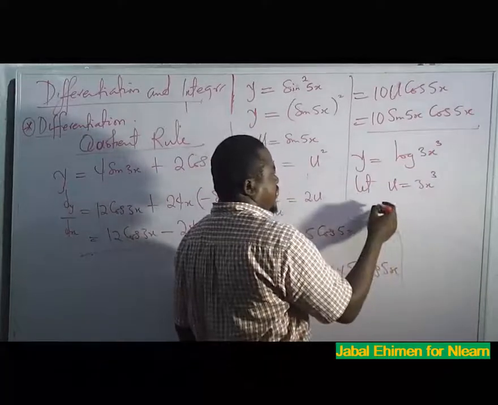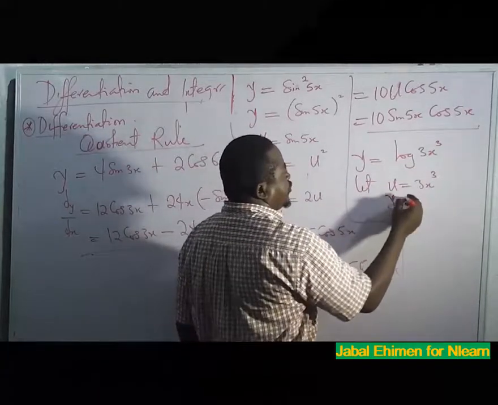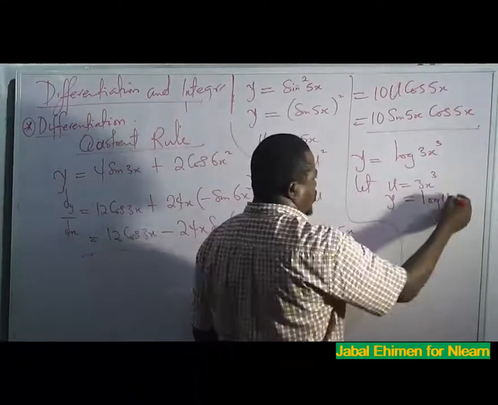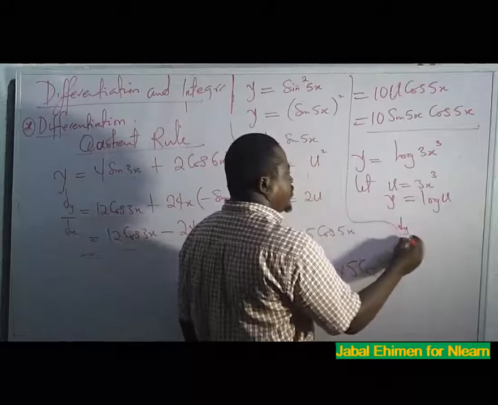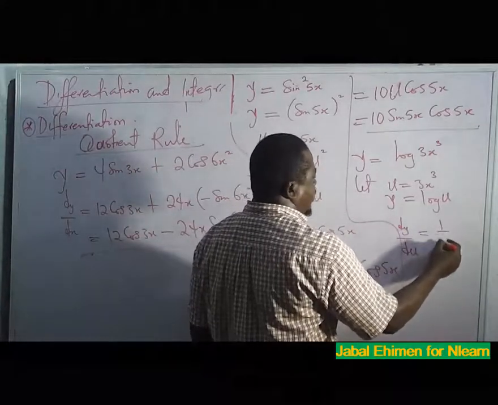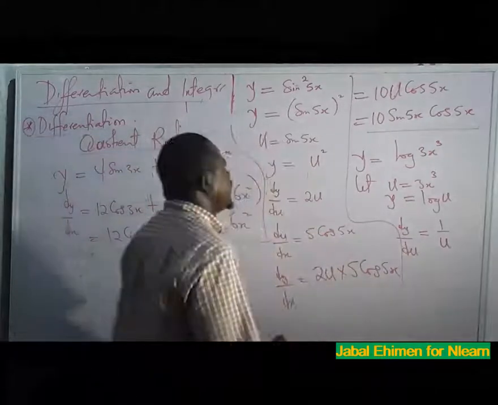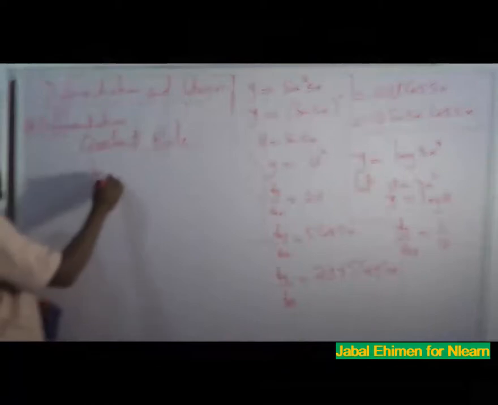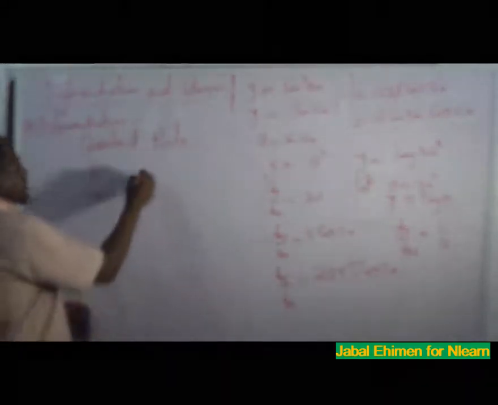So because of that, my y will become log u. So dy over du is equal to 1 over u. Know that? So if that is 1 over u, that takes me back to the fact that du over dx will now become 9x squared.